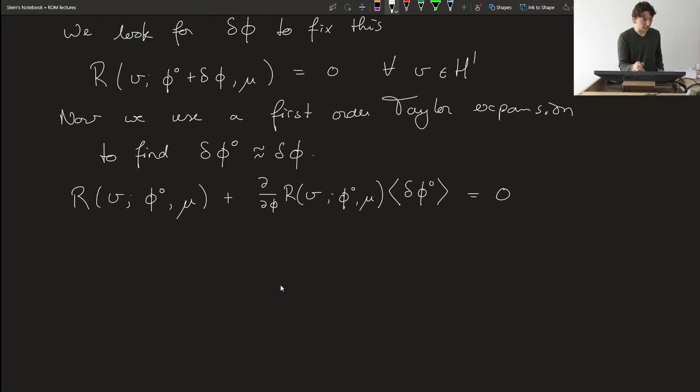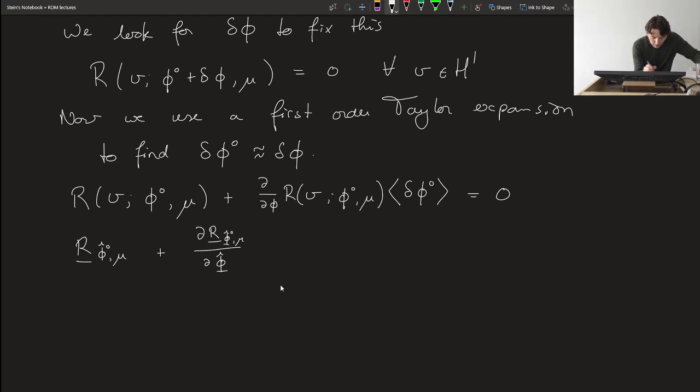Now, this is somewhat of an unclear statement. Let's take a look at the linear algebra equivalent to understand a little better what that is trying to tell us. In our linear algebra equivalent, we have the residual vector evaluated at phi hat 0 and mu, plus the partial derivative of our residual vector evaluated at phi 0 and mu with respect to phi, because our residual vector depends on phi hat, and that's also a vector.